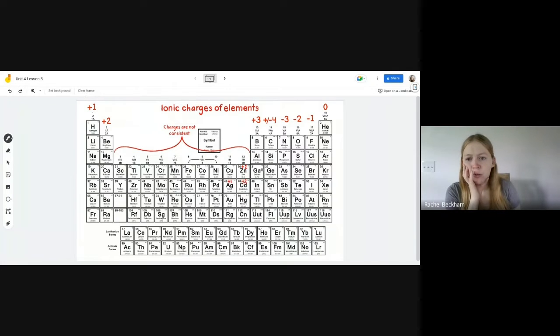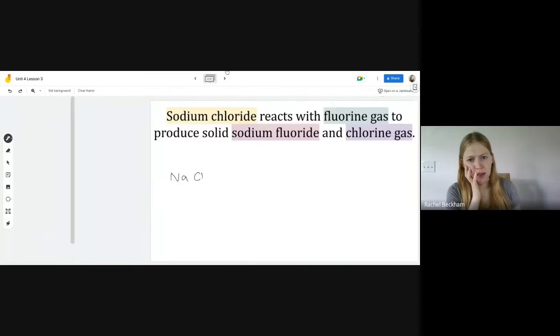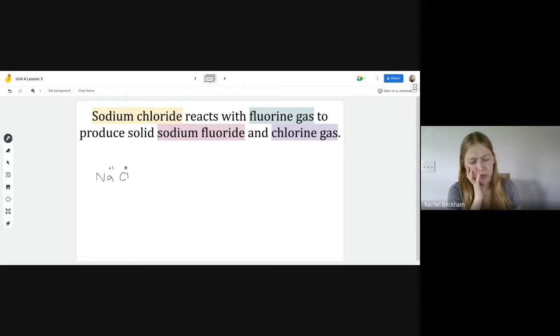Chlorine is right here, and it has a -1 charge. So when you look at that, +1 and -1, the charges cancel out, and so there will be no need to cross over anything. So the net charge is supposed to be 0, and it is 0. So we're all good to go. So we know that because it's +1 and -1, it's just going to be NaCl.